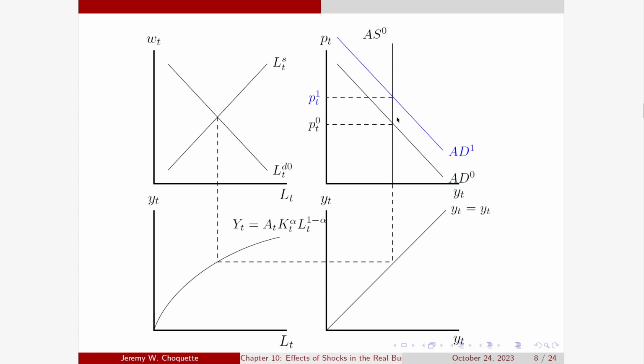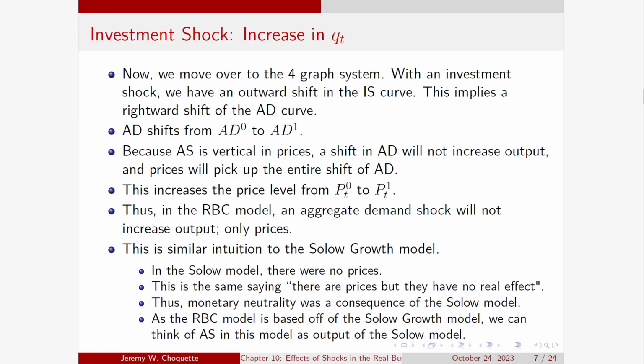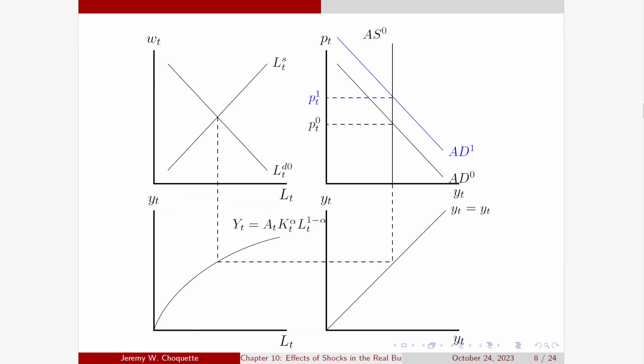However, we don't in this case because aggregate supply is vertical. Remember, it's independent of prices. So because it's independent of prices, a shift in aggregate demand doesn't change output, and prices are just going to pick up the entire shift of aggregate demand. So it's going to increase that price level from P0 up to P1, from the black over to the blue.